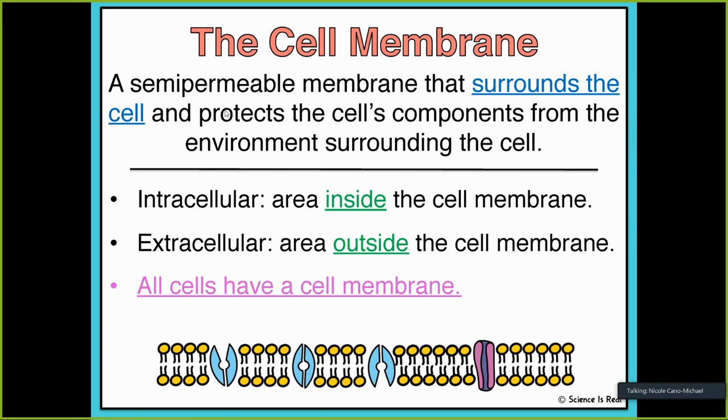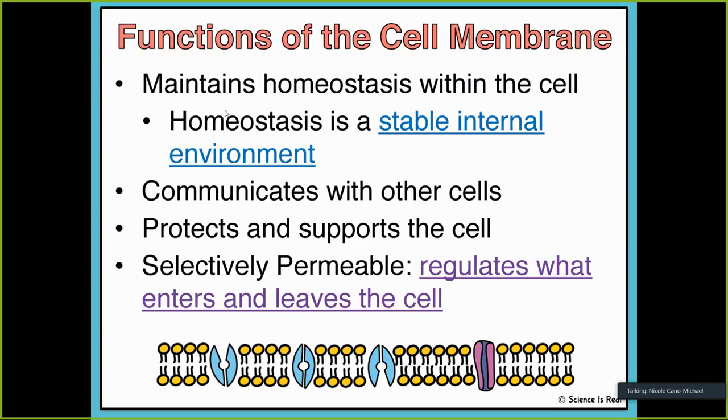All right, so this was again cell membrane, and again, all cells have cell membranes. Cell membranes surround the cell to keep the insides in and the outsides out. This is number 2 under cell membrane, maintaining homeostasis. So, what is the function of the cell membrane?